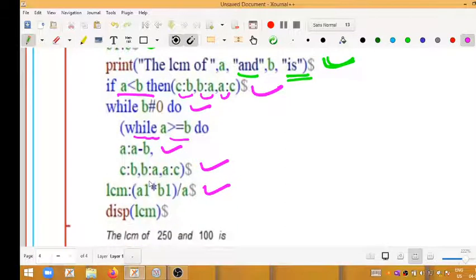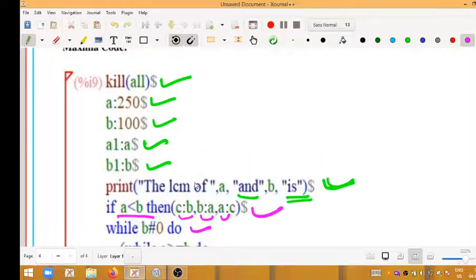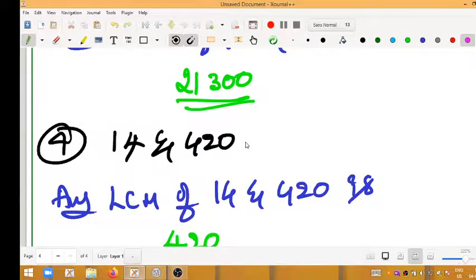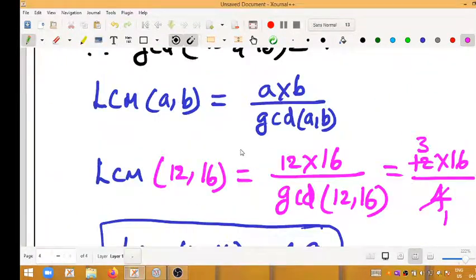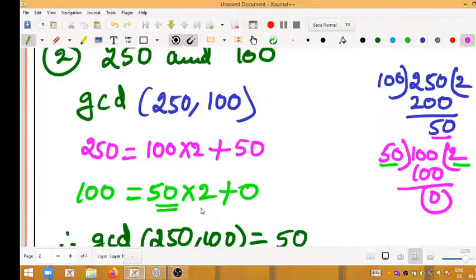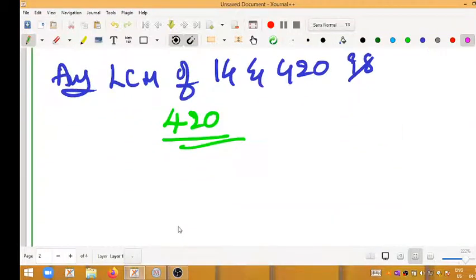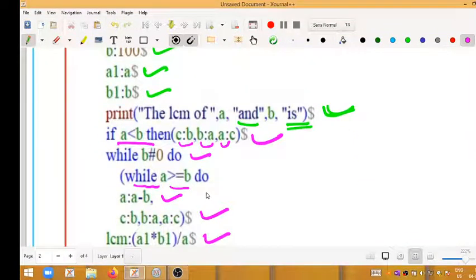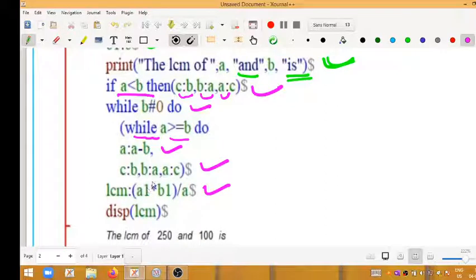So that's why LCM is equal to A1 into B1 by A. See here in the formula, A into LCM of A, B is equal to A into B by GCD of A, B. GCD of A, B is nothing but small a here. So A into B I am taking as A1 into B1, divided by A.